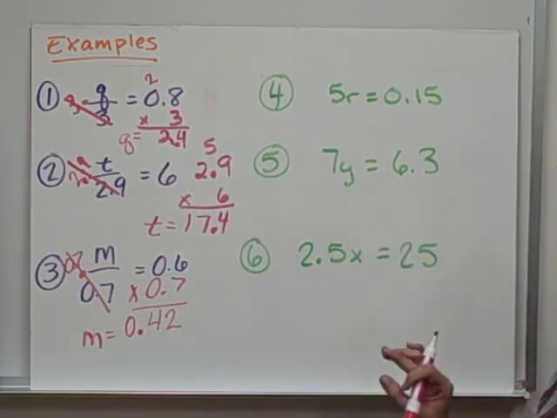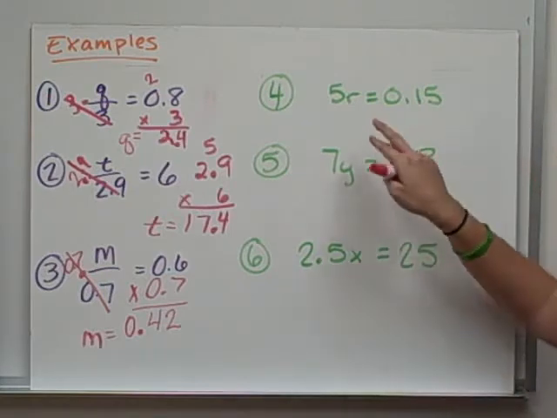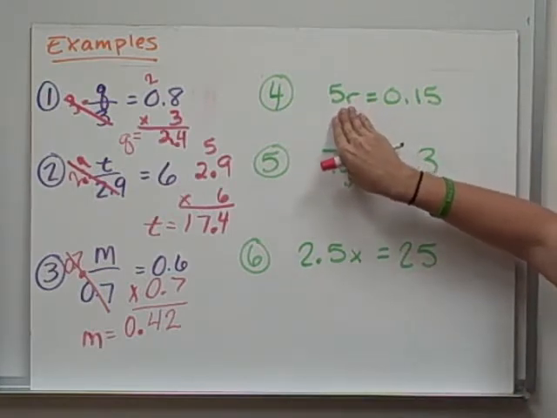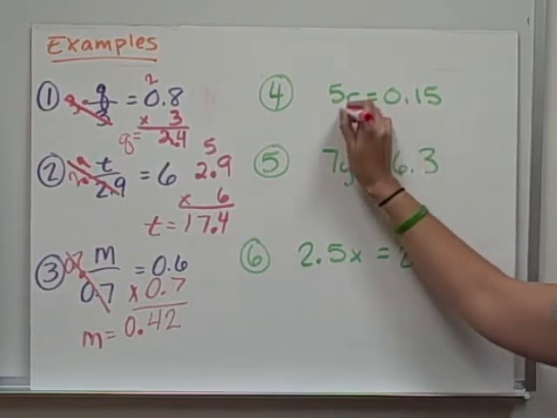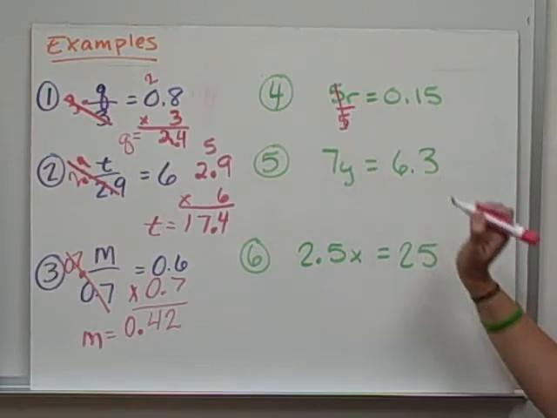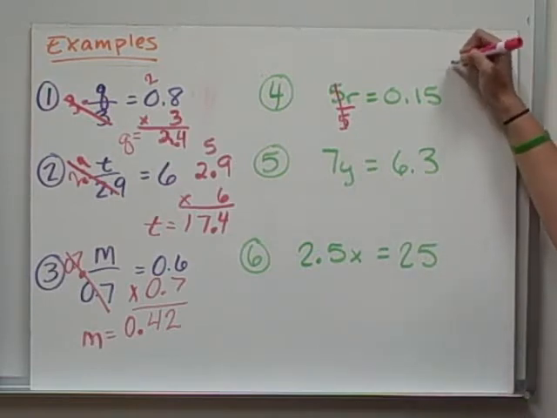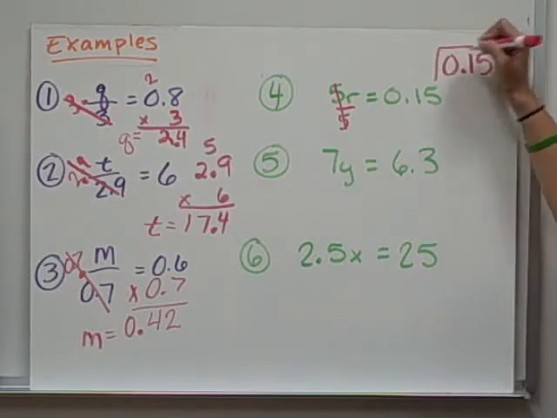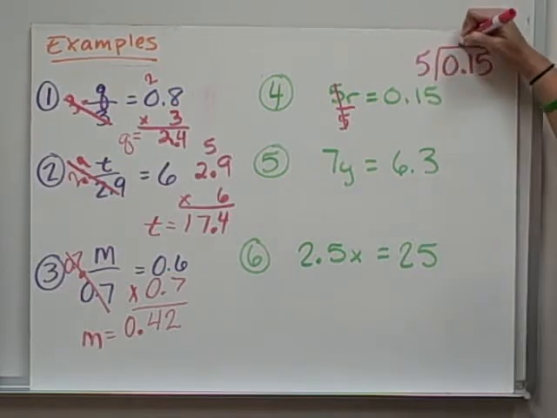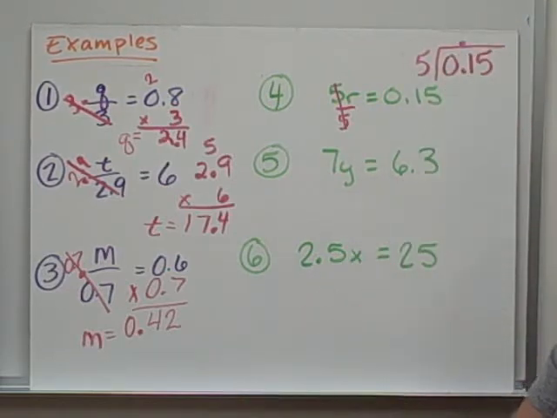Over here, I've got some different kind of problems. I've got multiplication happening to my variable, so I have to undo the multiplication with division. Now I'm going to have to make a long division problem out of these because that's how I do division with decimals.